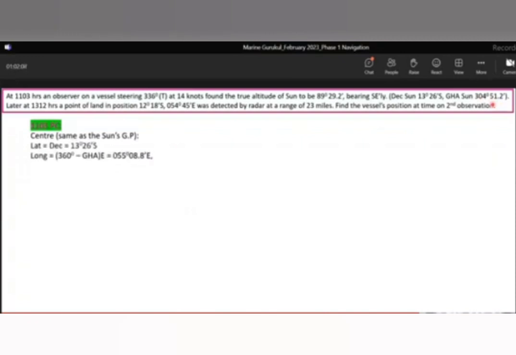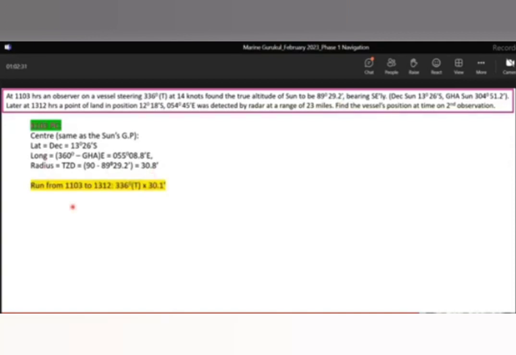So we get the coordinates of the GP, and that becomes the center of the 1103 PC. Radius of the 1103 PC shall be equal to TZD. True altitude is given as 89 degrees 29.2 minutes, which gives us the TZD or the radius as 30.8 miles.